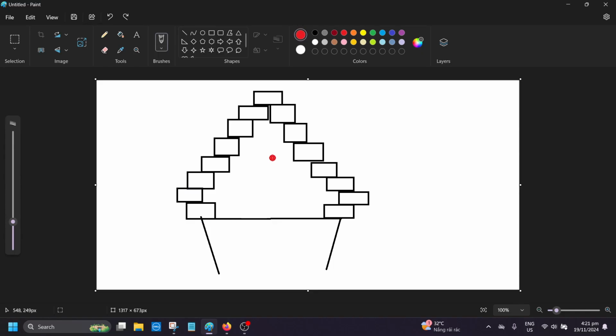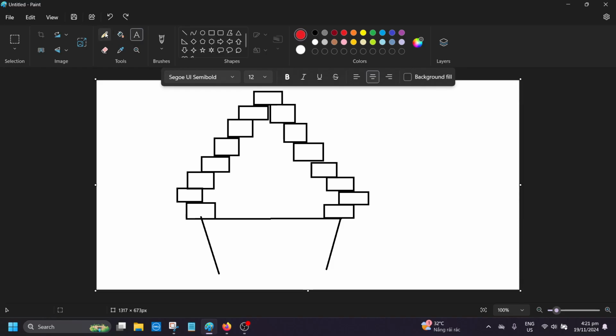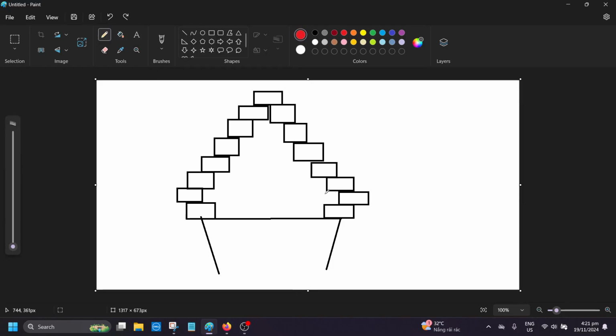But our solution here is to fill these two rows with planks.